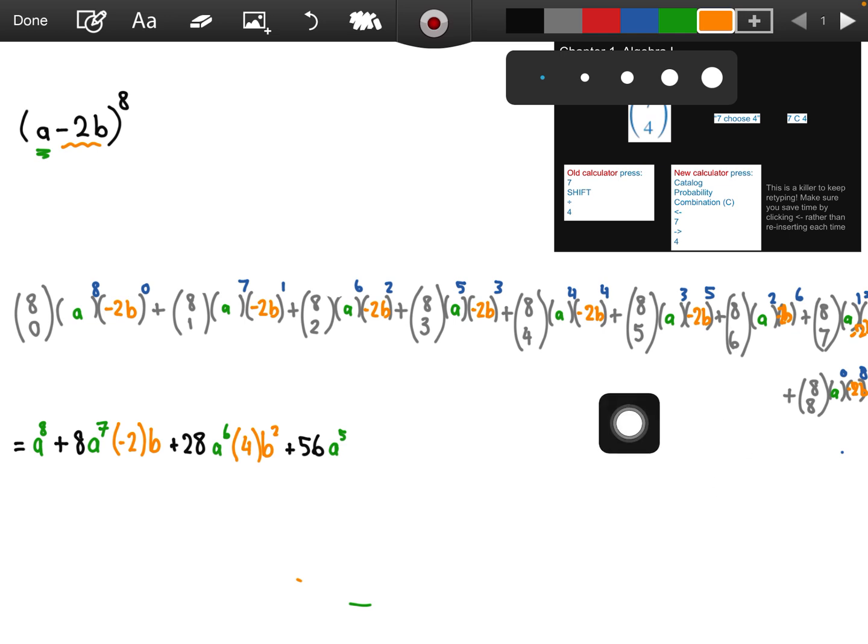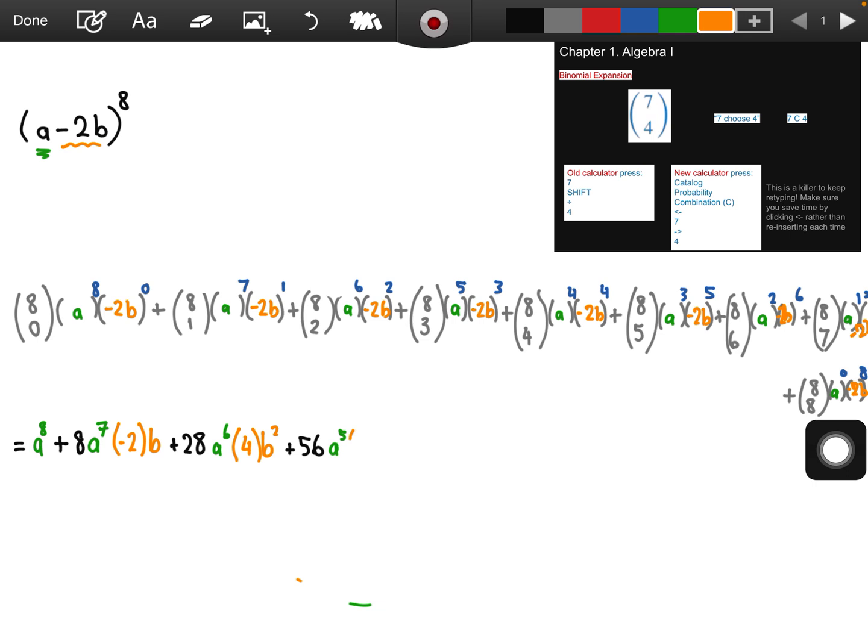Minus 2 by minus 2 gives me plus 4, by another minus 2 is minus 8. Remember the rule: if it's a negative and it has an even power, it becomes positive. If it's a negative and it has an odd power, it stays negative. And then my b to the power of 3.